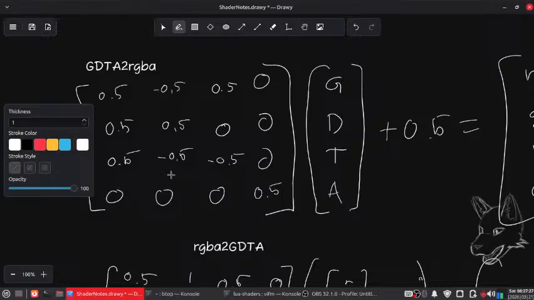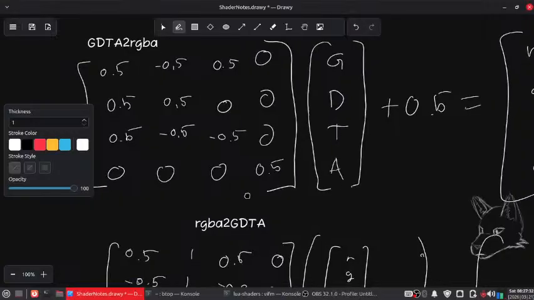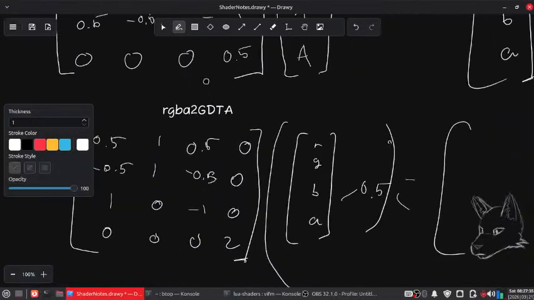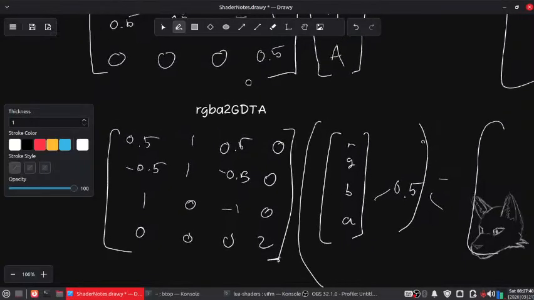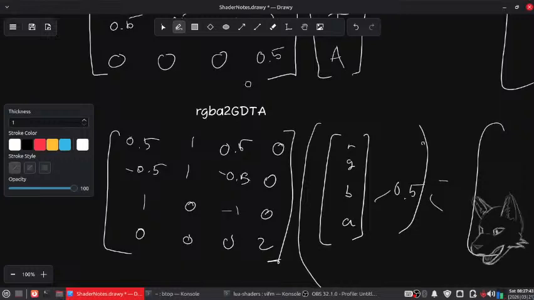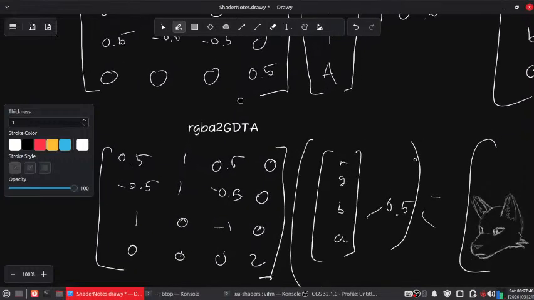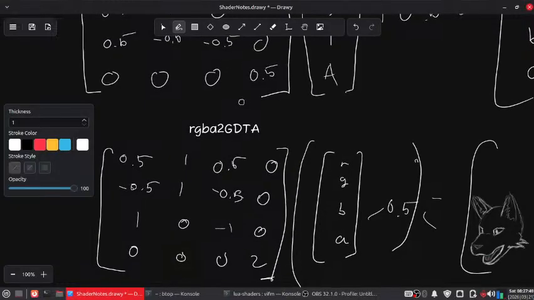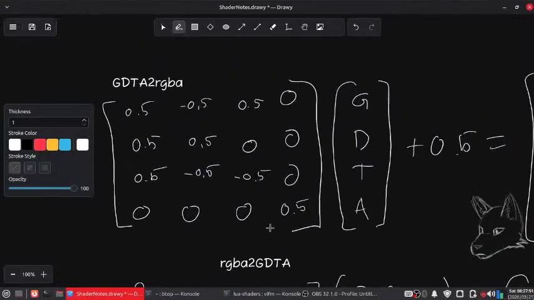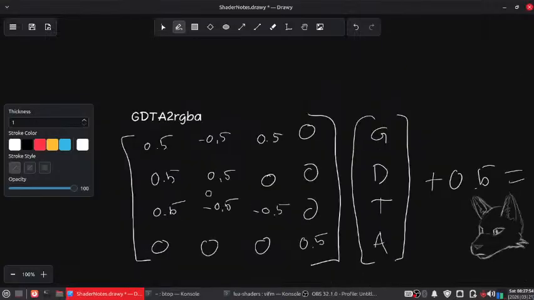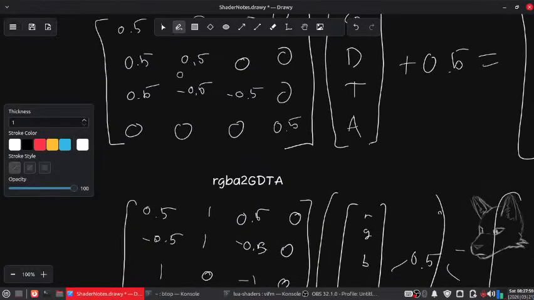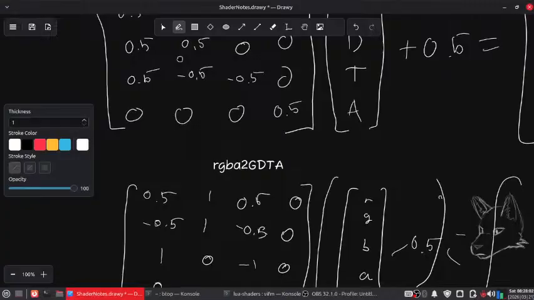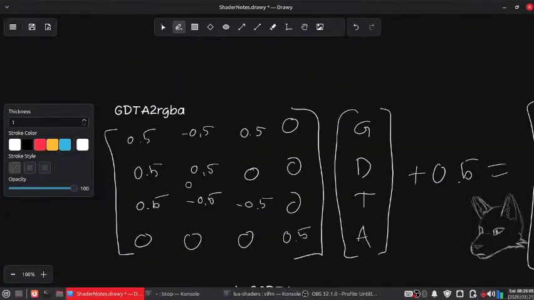Red would be 0.5 minus a half, 1. Yeah, that does make sense. Yeah, 0.5 minus a half and 1. 0.5. Yeah, a half minus a half. 1. Alright?